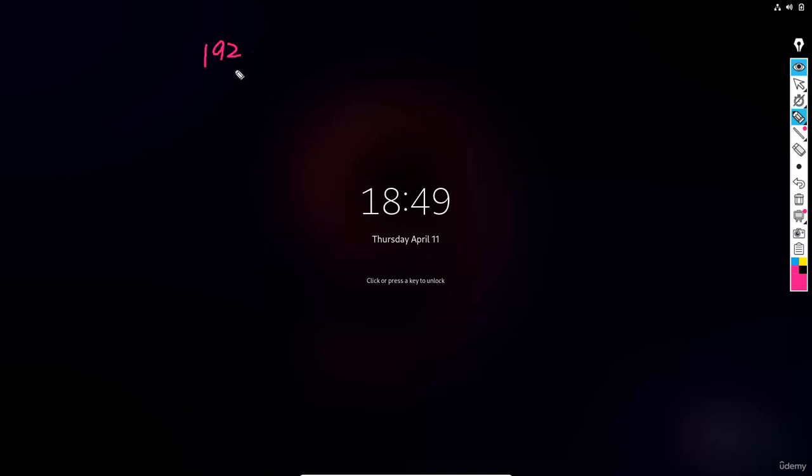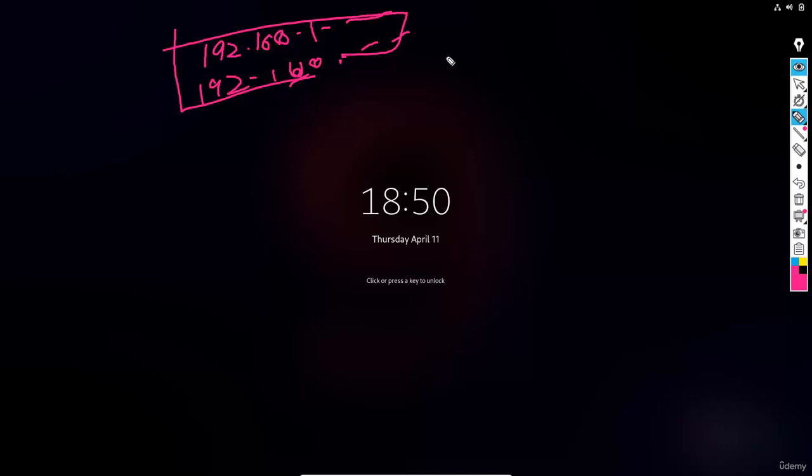When I run the IP address command on Windows, I have seen the IP address starts with 192.168.1. When I run it on my Linux machine, I also found 192.168.1.1. So actually IP addresses are divided into two parts. One is a public IP address, another is a private IP address. A public IP address is available to the public.